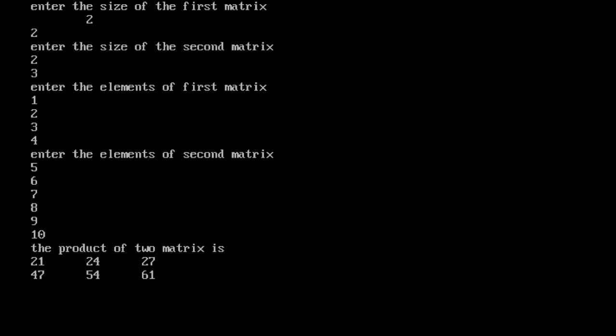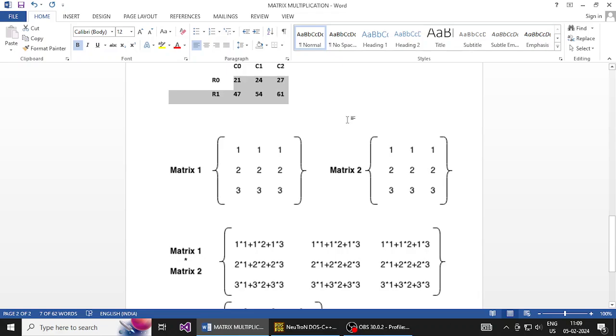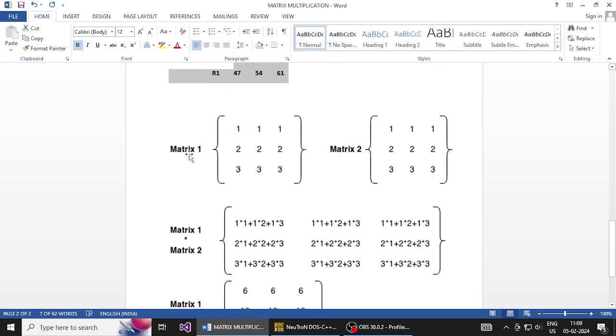So you can see the product of the two matrices: 21, 24, 27, 47, 54, 61. You can see here, this is the result for the two matrices. I can give another example, with matrix 1 and matrix 2, where the size of matrix 1 is 3 into 3 and the size of matrix 2 is 3 into 3.